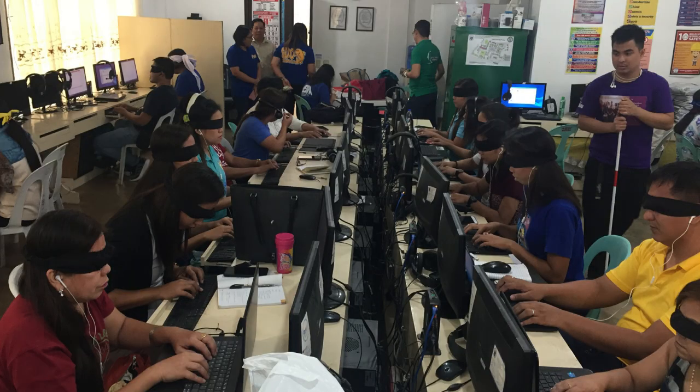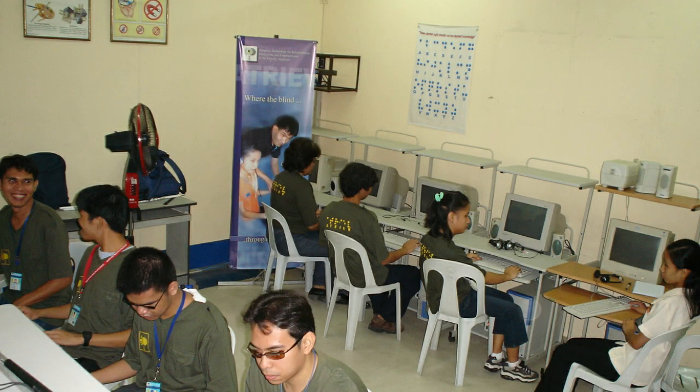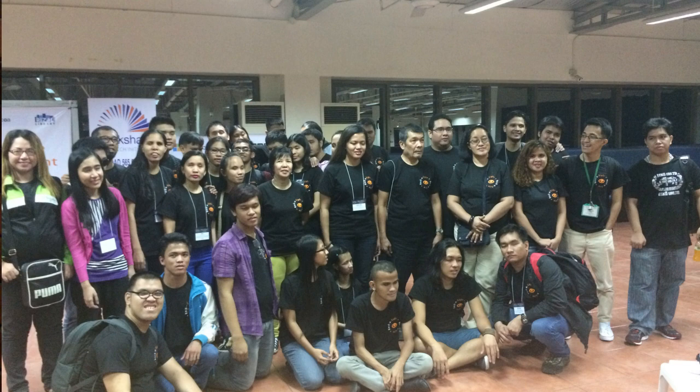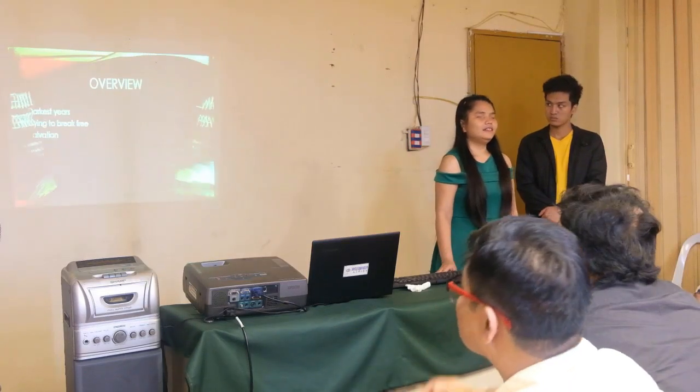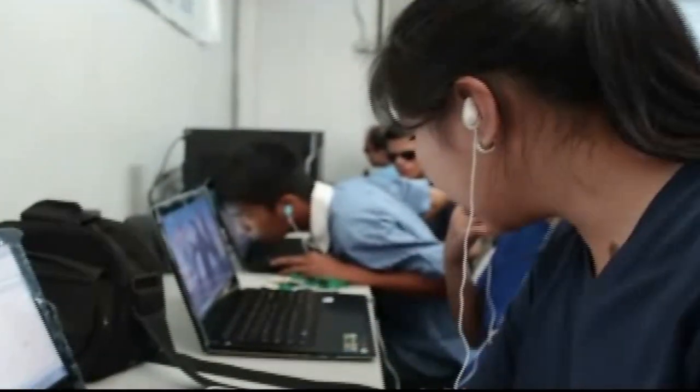More importantly, the digital literacy training curriculum of Microsoft served as the backbone for the development of its content. With assistive technology and Microsoft's accessible products, blind and visually impaired persons can truly be productive and empowered.